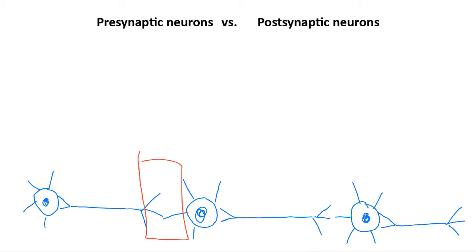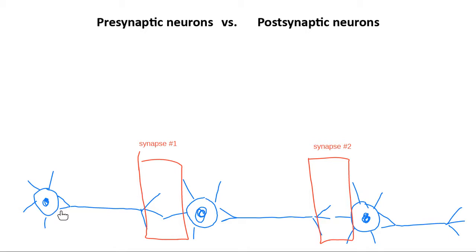But check this out. In this picture, I have 2 different synapses, right? So I've got synapse number 1, the first place where neurons are meeting with each other. And then I've got synapse number 2, the second place where they're meeting with each other.